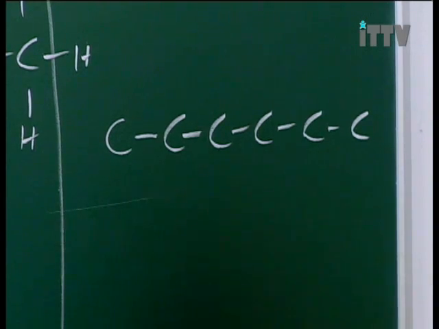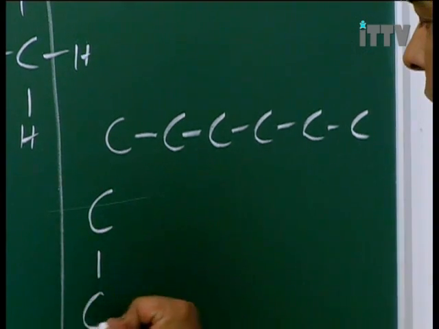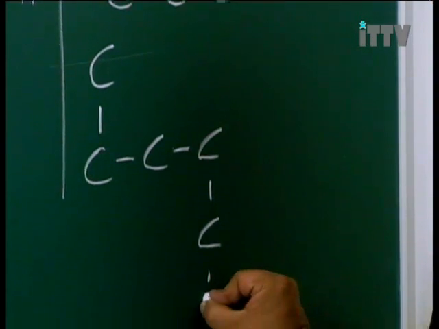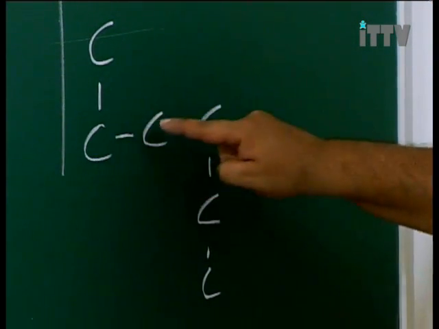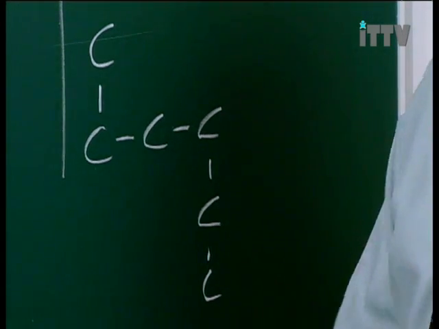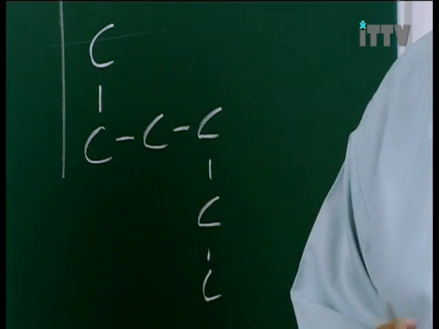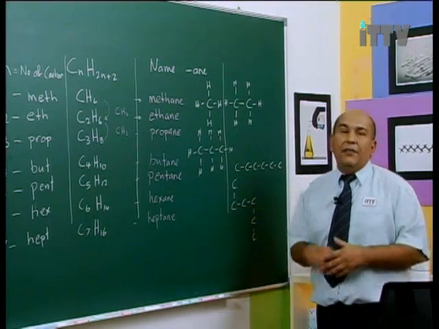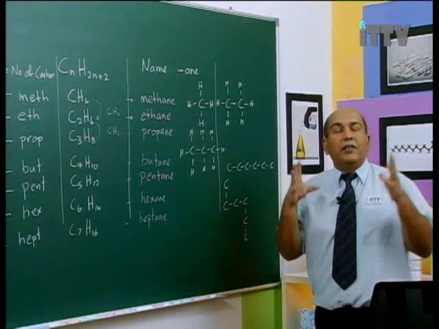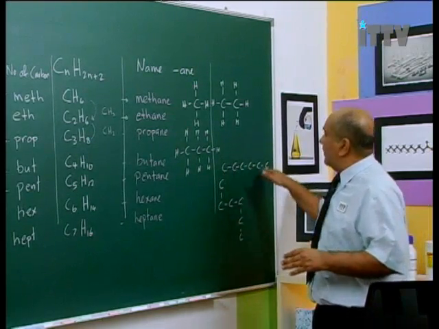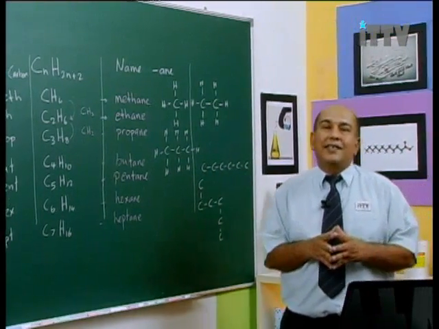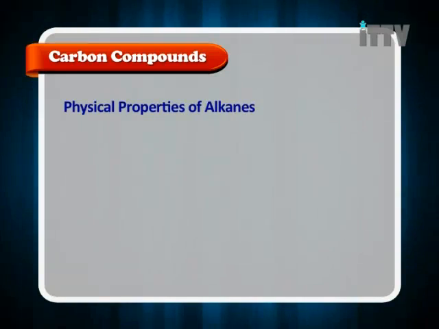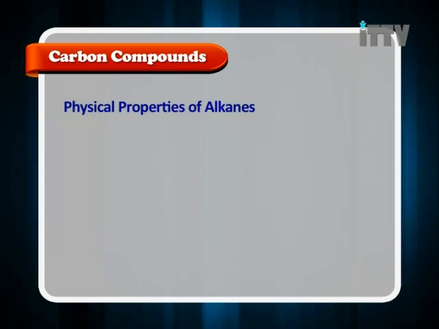But I could also draw it carbon, carbon, carbon, carbon, carbon, carbon, like so. 1, 2, 3, 4, 5, 6. As long as the longest chain of consecutive carbons is 6, I will have hexane. But it's common for us just to draw it as a straight line because it's the simplest way to represent our alkanes.